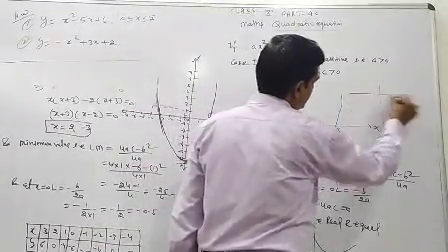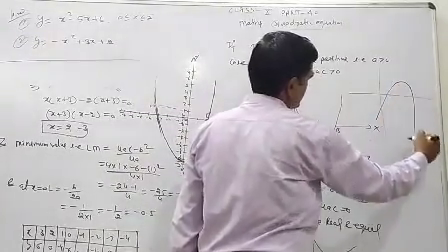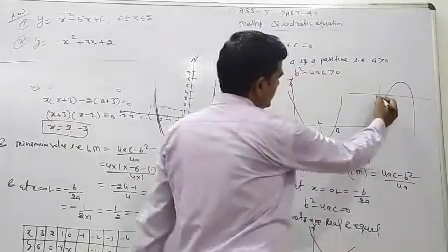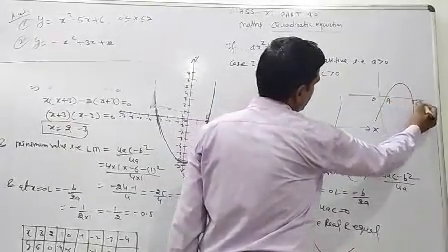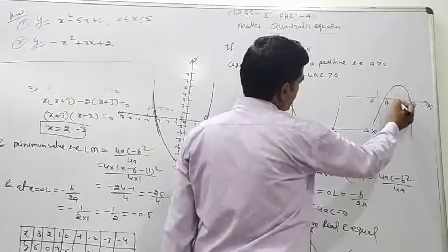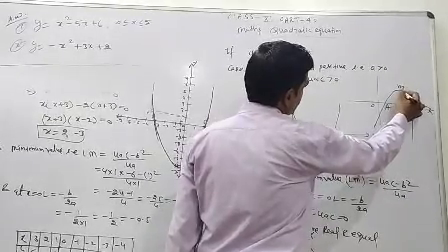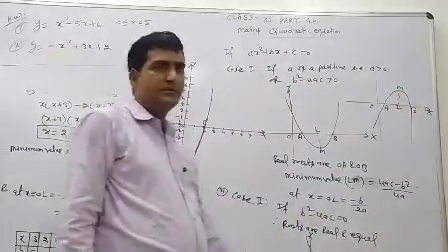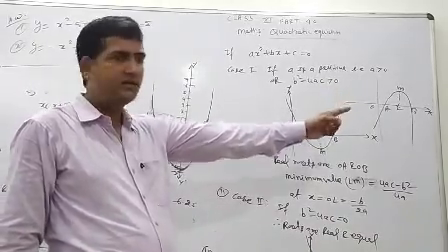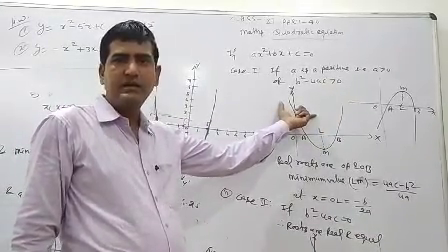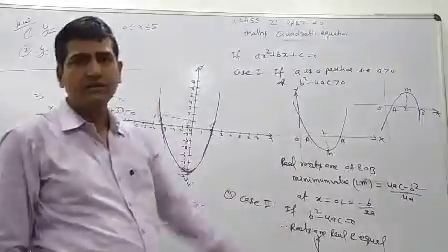Opposite means like this one. Clear? Understood? Then O here, A here, B, X here, and L here. This is applicable for negative value, means A is negative. This is applicable for A is positive. Understood? Thank you very much.